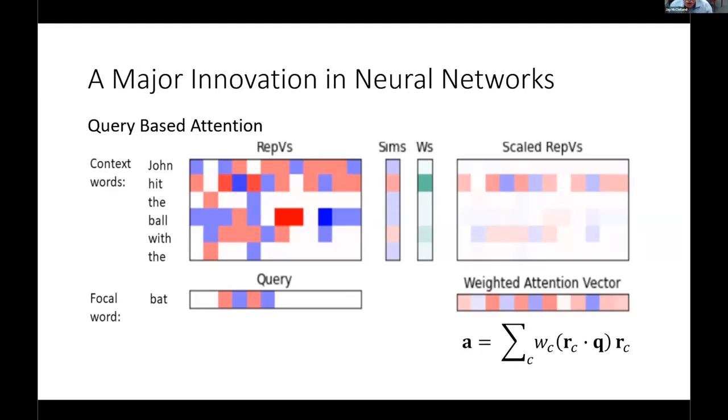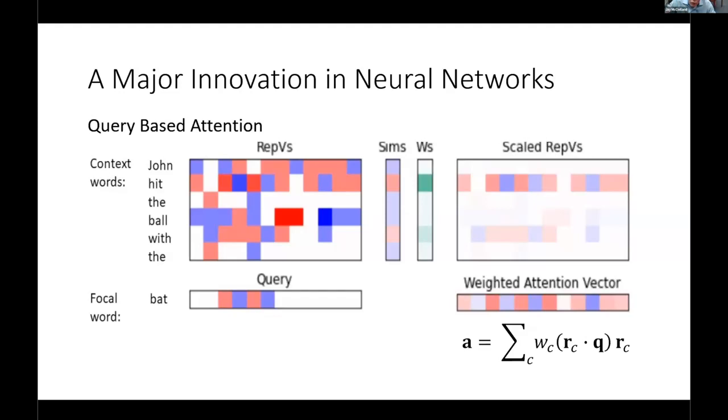And the way this mechanism works, the query, we take a dot product between the query and all the vectors representing the different items in context. Where there's a strong dot product there, we get a high similarity value. And then we assign a high weight to that memory.